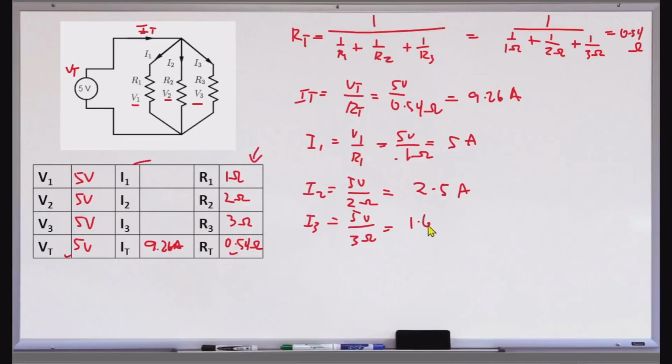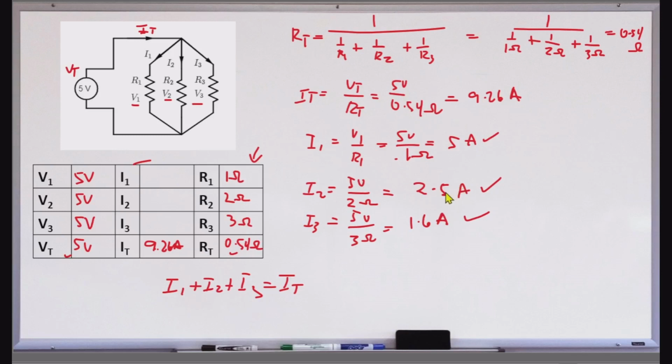Now, in a parallel circuit, what did I tell you a while ago? The sum of the individual currents in this given parallel circuit, I1 plus I2 plus I3, should be equal to I total. So let us add 5 amperes, 2.5, and 1.6.